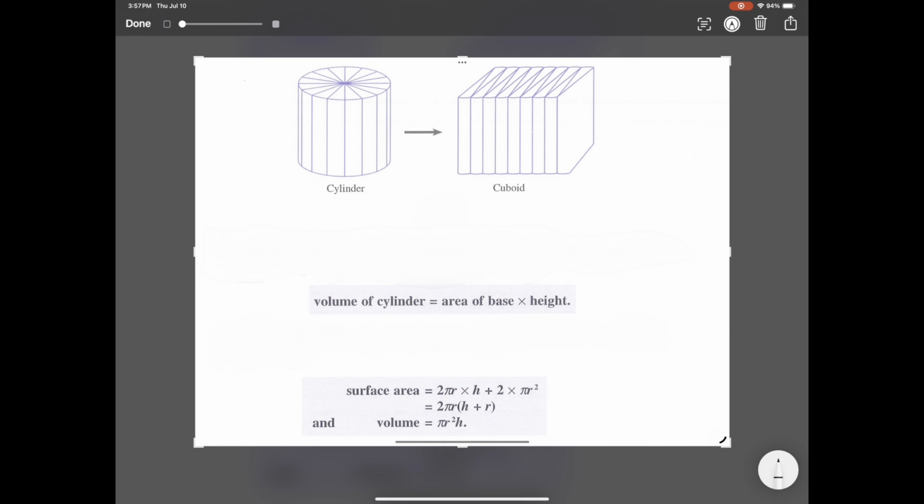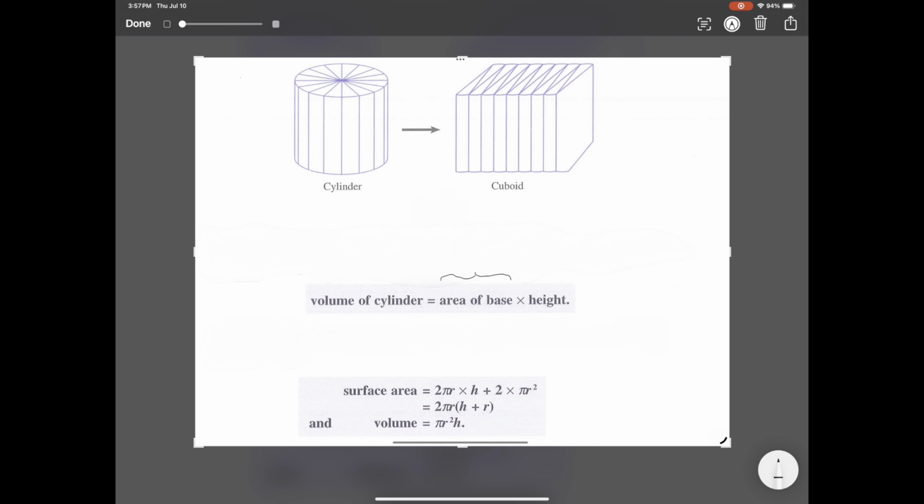In general, for a solid cylinder with a radius of r units and height of h units, we have the volume of the cylinder equals pi r squared, or the area of the circle, times h, or height.